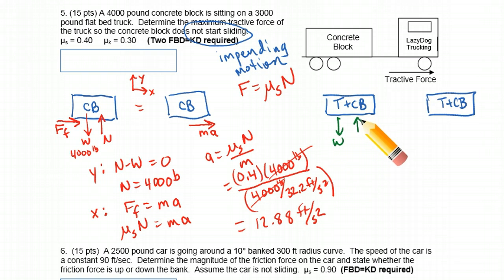Total weight, normal force, traction force, and it's going to have a mass times acceleration. We do not include the friction force because it's internal, because we've drawn a free body diagram of the whole system. So this will let us easily solve for our traction force.